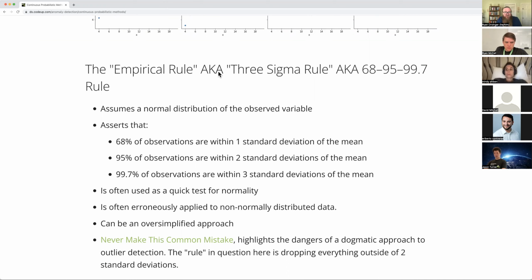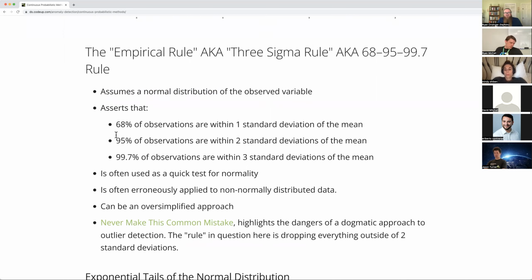But more simply, the 3 sigma rule is built on the assumption of a normal-ish distribution, maybe not perfectly normal, but if we have a normal enough distribution, not too much skew, not like a beta distribution or an exponential distribution, what we end up getting is that almost 70% of our observations are within one standard deviation of the mean.